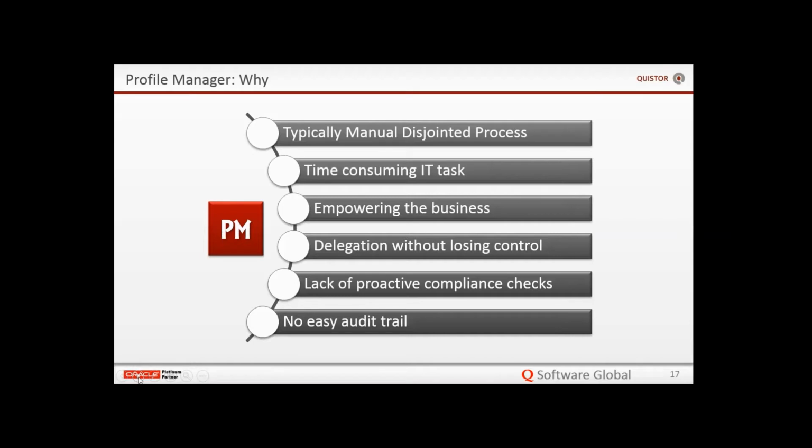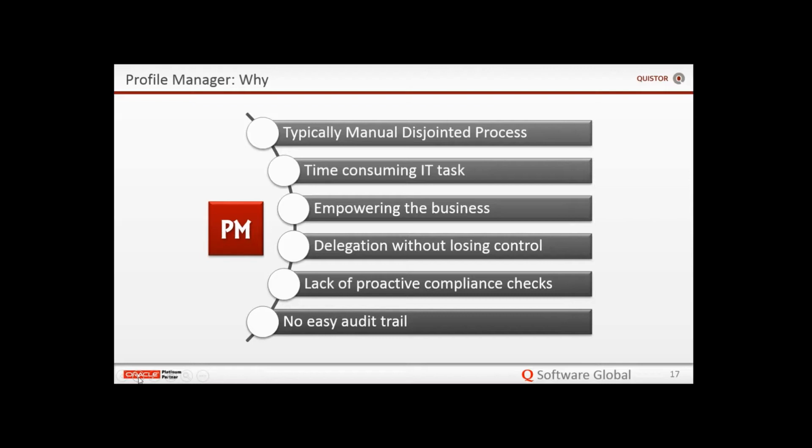The key thing, and the reason why people hadn't done this before, was the fear that in delegation you might lose control. In many ways, that's why that delegation hadn't happened. And also, as you're going through this process, where do the compliance checks come in?